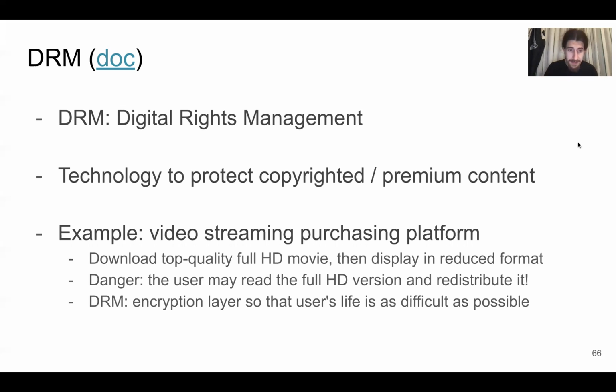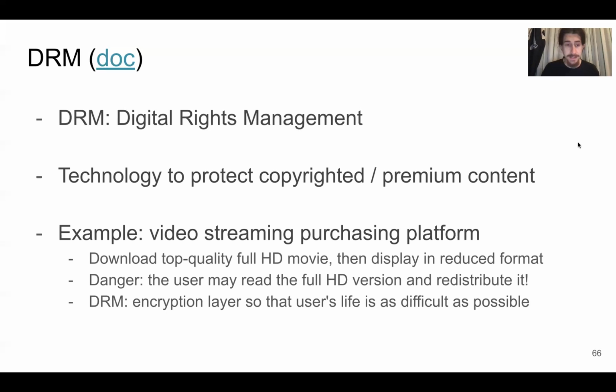Okay, so the idea of this DRM is to make the user's life as difficult as possible, where the user in this case is not, of course, the normal consumer, but more a hacker that wants to decrypt or get access to the raw stream downloaded from Netflix or any other platform.